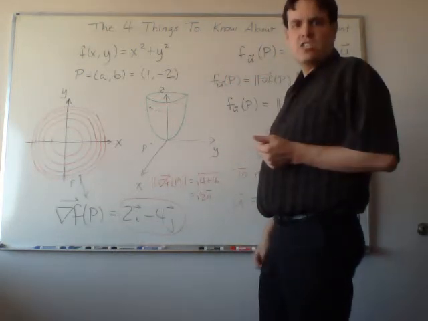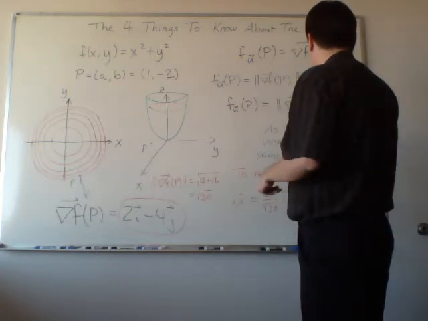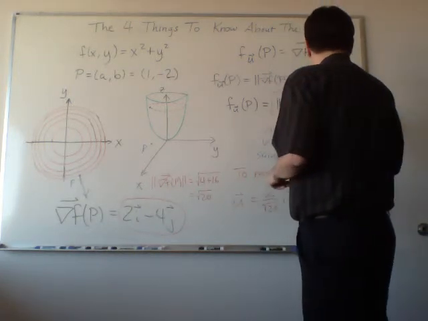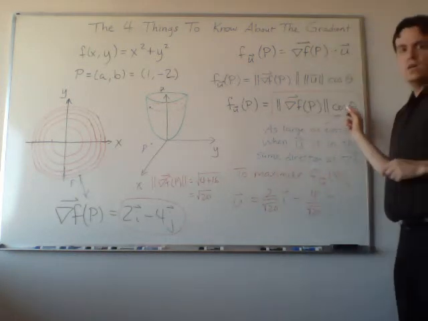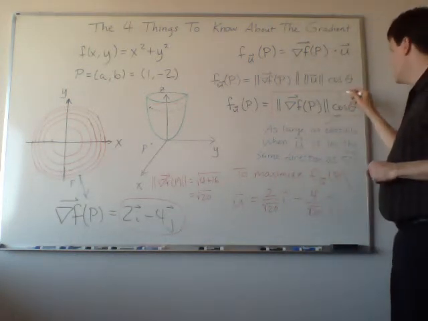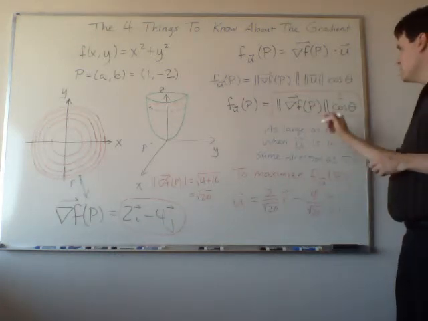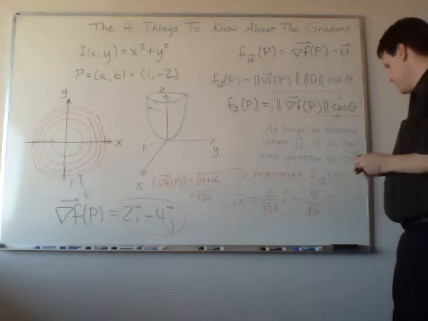What is that maximum rate of change, by the way? What is the maximum value of this expression? We said the maximum value of the cosine is 1, which means the maximum value of this expression really is just this magnitude here.